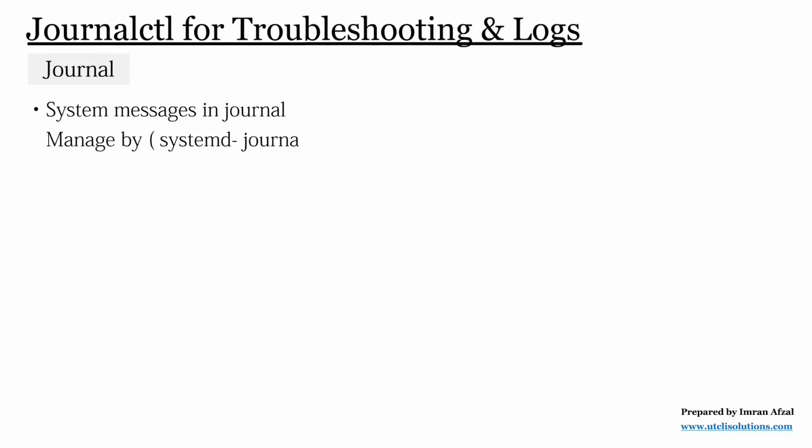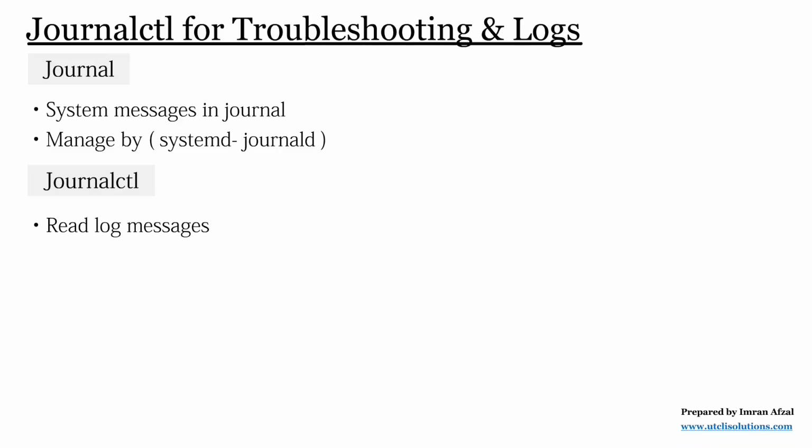Before we go deeper, it is important to understand that Linux keeps many system messages in a journal. This journal is managed by systemd-journald, and journalctl is the command that allows us to read those messages in a clean way. In simple words, the system is always collecting useful information in the background, and journalctl helps us to open that information whenever we need it.